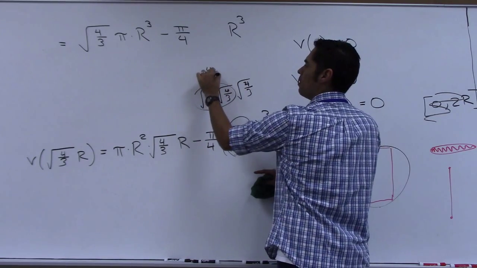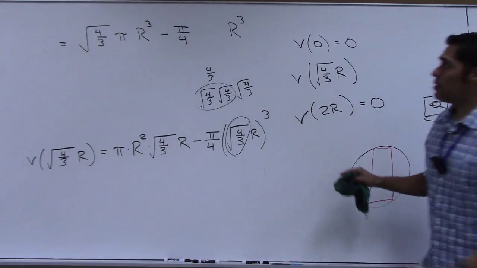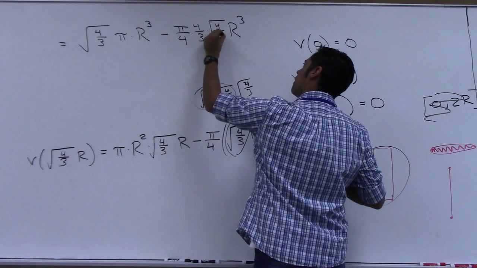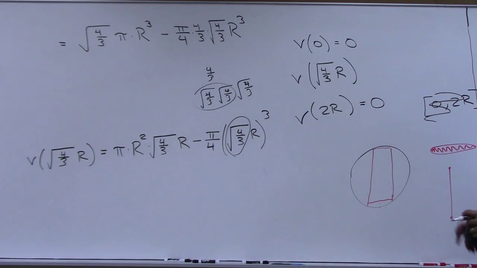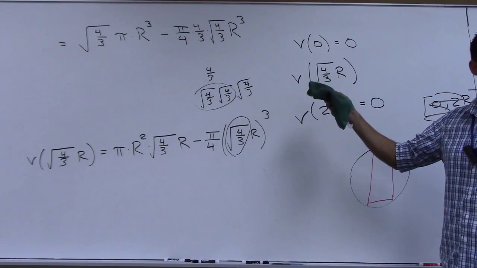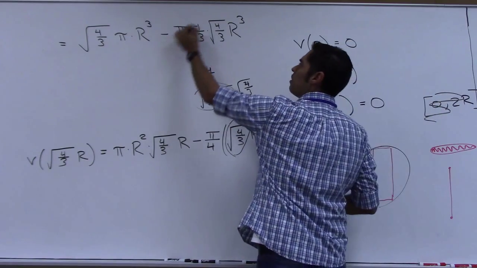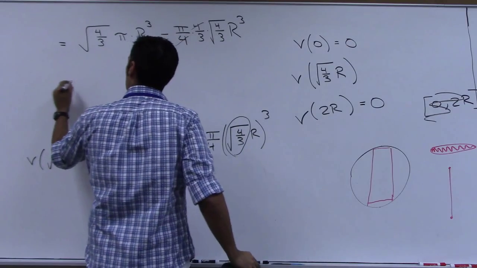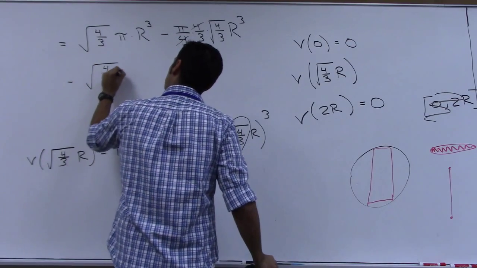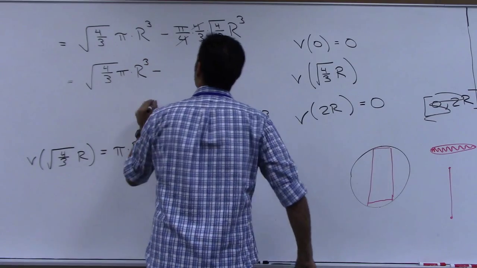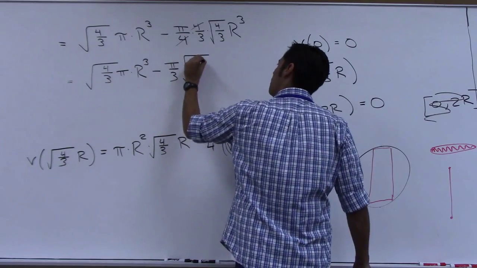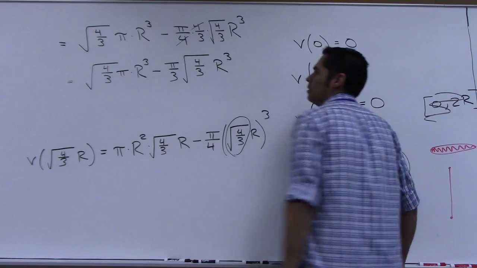These two just become 4/3, right? So I have 4/3 times root 4/3. Yeah, I can simplify the 4. Y'all okay with this? This 4 and this 4 cancel. I get pi over 3 there. So root 4/3 pi times r cubed minus pi over 3 root 4/3 r cubed.